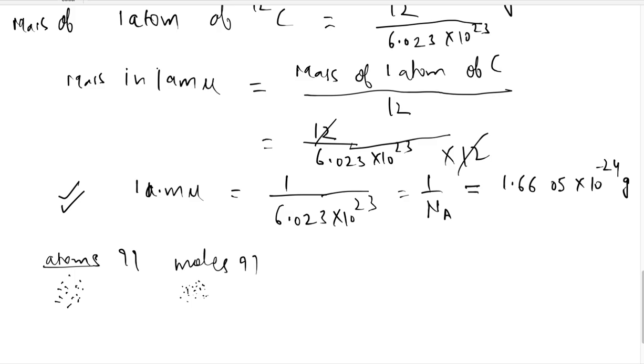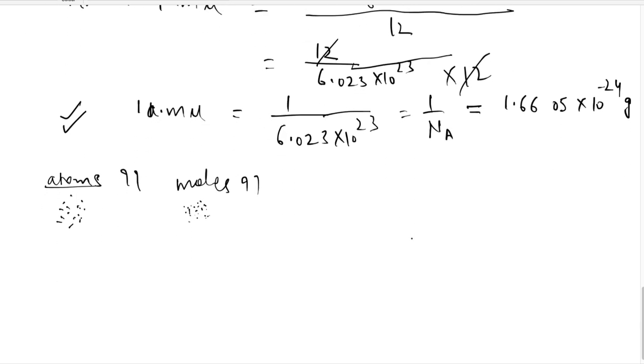So that is why nowadays everything is measured in terms of moles, and with the help of moles we can easily convert into atoms or molecules. We know the relation, right? So it's very easy. Let's say if we know the atomic mass of hydrogen, then we can easily convert into AMU or into grams.